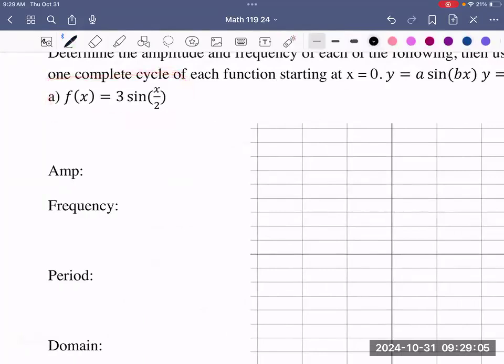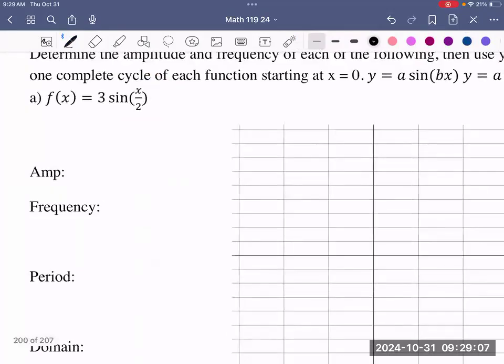Well, keep in mind, if we're working with sine, your amplitude is located right here, your A. So for us, we have the absolute value of A, which means A is 3. So the absolute value of 3 is itself 3. So the height of each of your waves here is going to be 3.